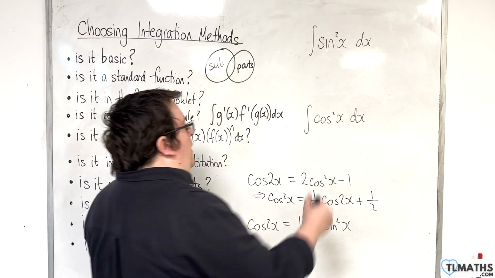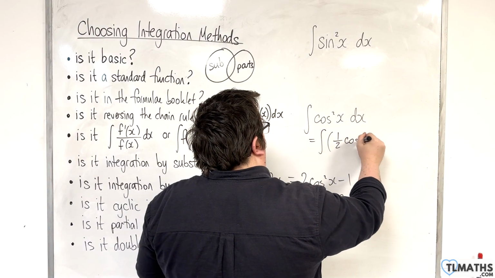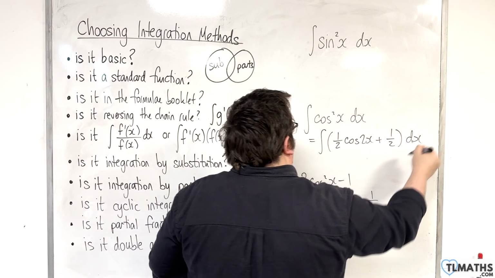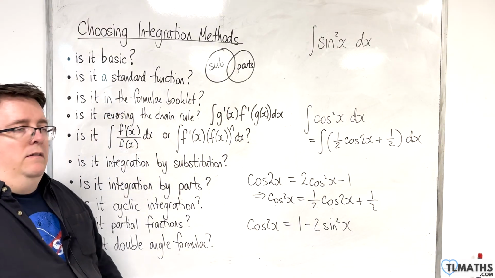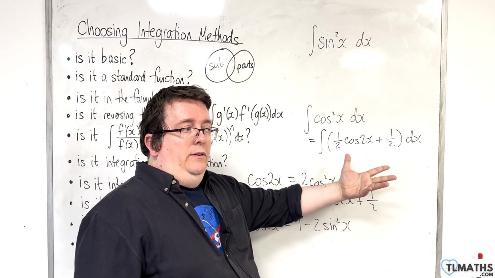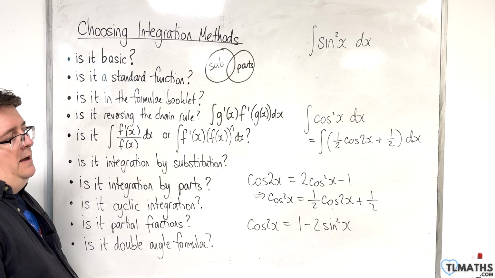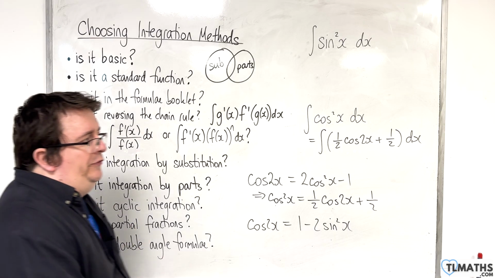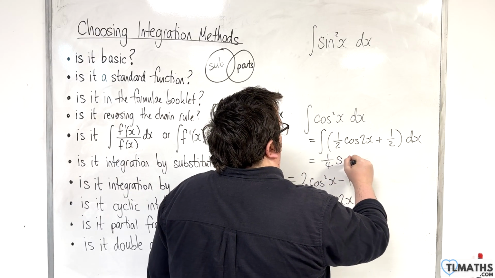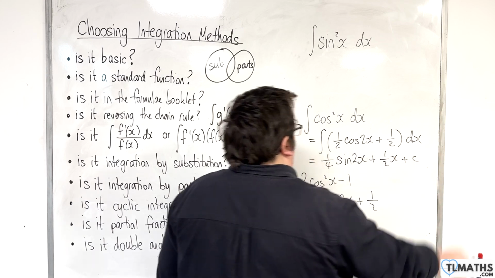So the cosine squared can be replaced with 1/2 cosine 2x plus 1/2. And then you just integrate that, because you've got a standard function, and then 1/2 integrates to 1/2 x. Okay, so you should be getting a quarter sine 2x plus 1/2 x plus c.